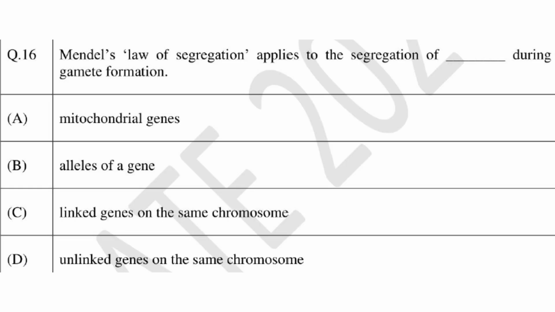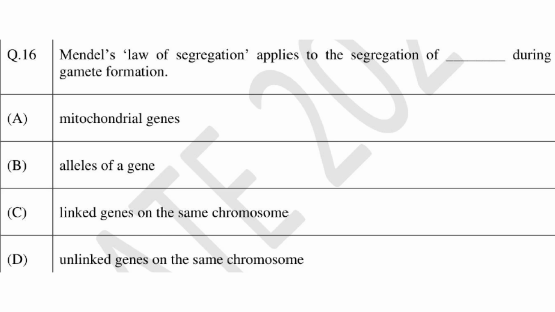Mendel's law of segregation applies to the segregation of dash during gamete formation. So Mendel's law of segregation states that each pair of alleles separates from each other during gamete formation, resulting in each gamete receiving only one allele.